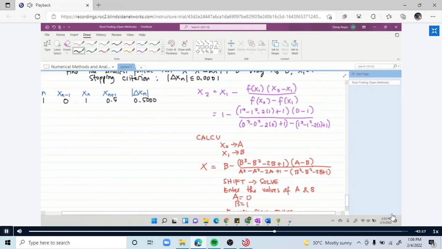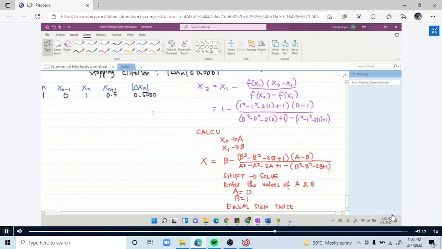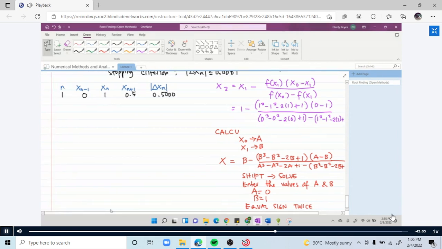Now shift solve again. This time, your A is 1 and your B is 0.5. So when n is equal to 2, this is 1 and this is 0.5, this is A and this is B. What's the value of x sub 3?